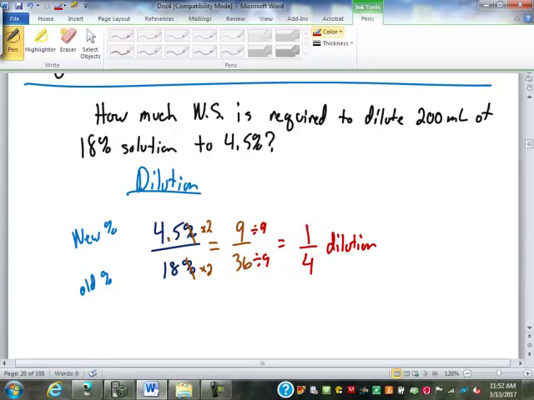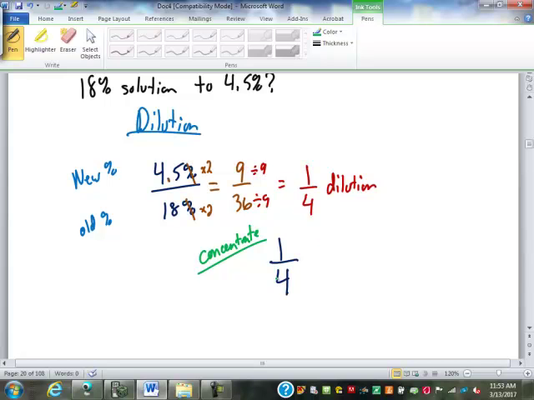Now that I know that it's a 1 in 4 dilution, now I have to be careful. The 1 is no longer describing the 4.5% here. The 1 is now describing the concentrate. Now that I'm treating it as a dilution, the 1 is the concentrate and the 4 is the total solution. So that is after it's diluted.